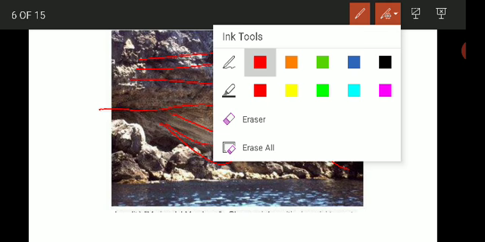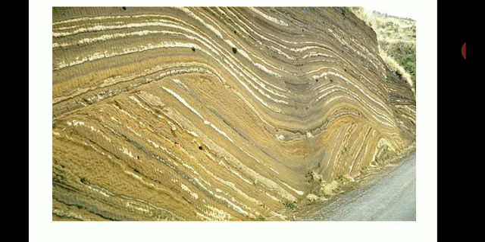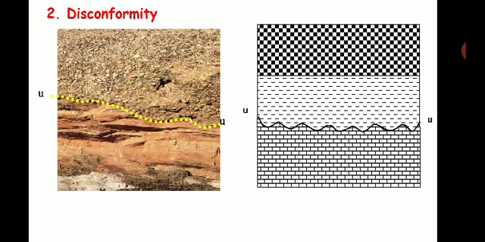So such a type of unconformity is called angular unconformity. This is one more wherein you can see the rocks are folded and there is a difference in the attitude of the beds.